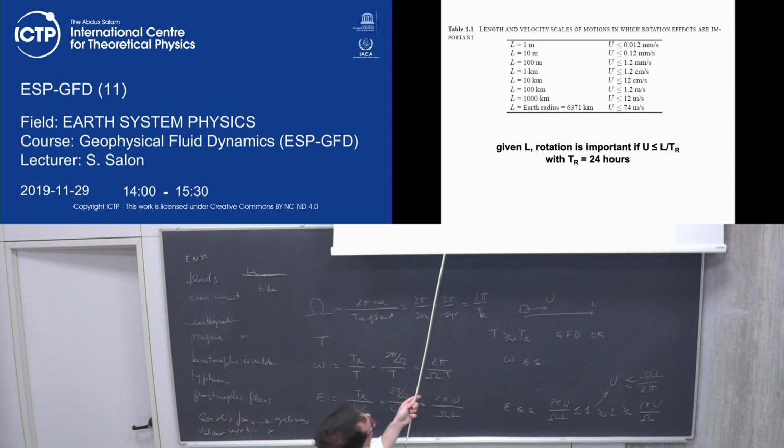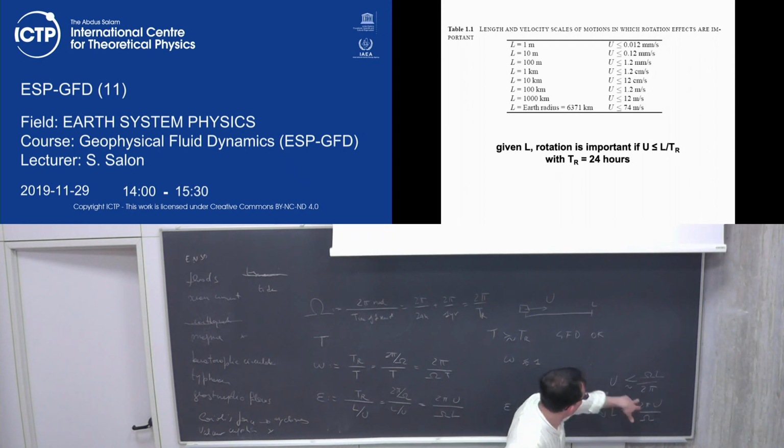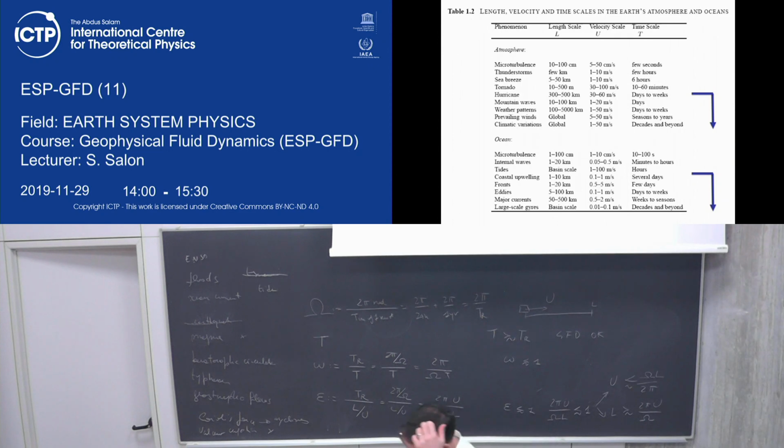So as we said, given L, rotation is important if U is smaller than L over TR, which is L over 2 pi over omega. So if we look at the phenomena, we are putting into practice the idea of scalar motion.